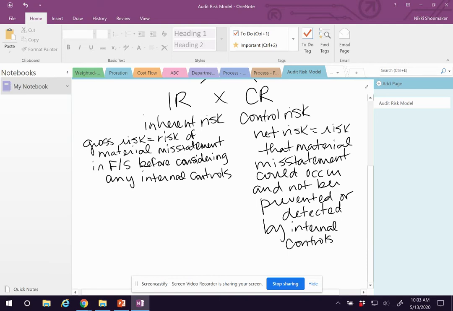So in other words, inherent risk is just the flat risk. What could go wrong? Okay.